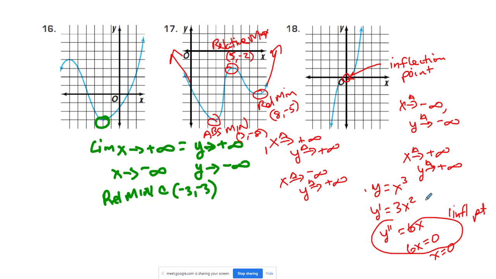Generally, with calculus, you can set the first derivative equal to 0 to find all the points where the maximums and minimums are going to be, and then you have to test them if you don't have the graph to look at. Setting the second derivative equal to 0 will give you any inflection points, but you still have to check what's going on there. Here at 0, the graph goes from concave this way, flips around, and now it's going up, and that point is where the change occurs. That's why they call it an inflection point.